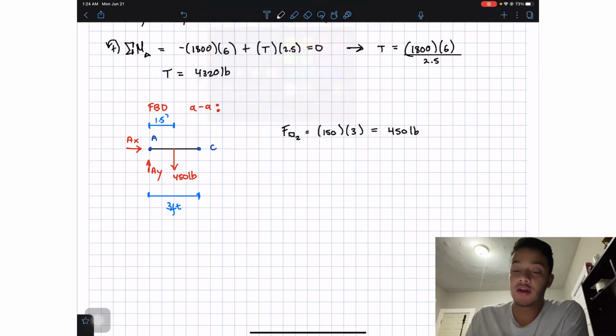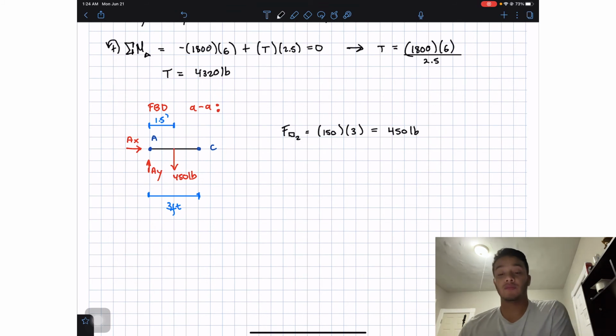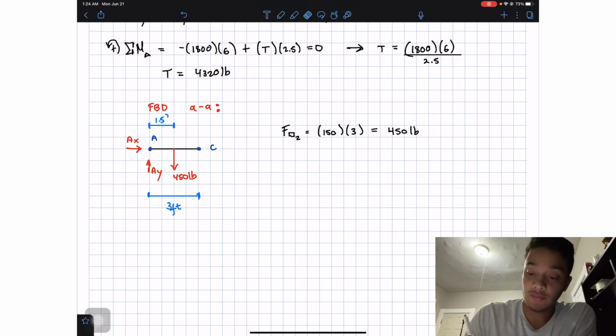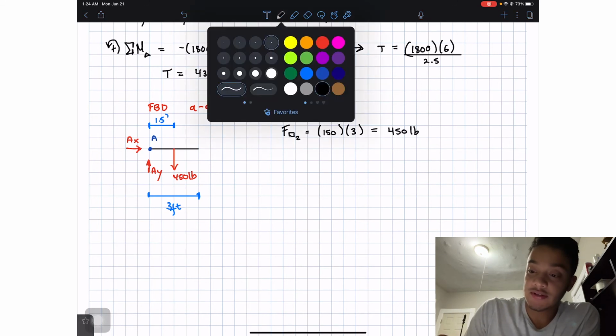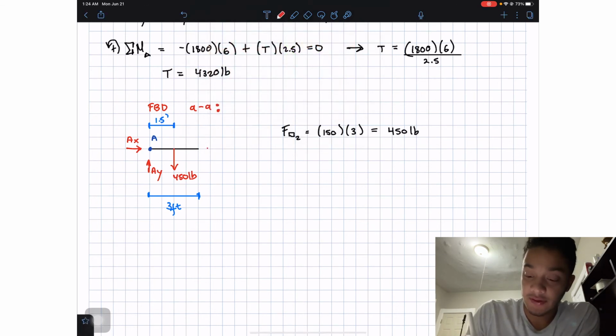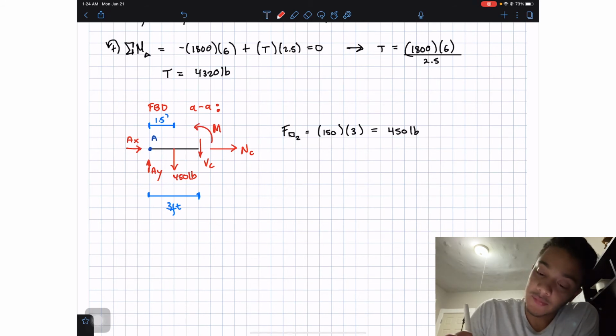Okay, so after we're done with this, knowing that we cut at C, let's erase that C. We will have an NC going away, a VC going down because we're on our right side, and an internal moment MC.